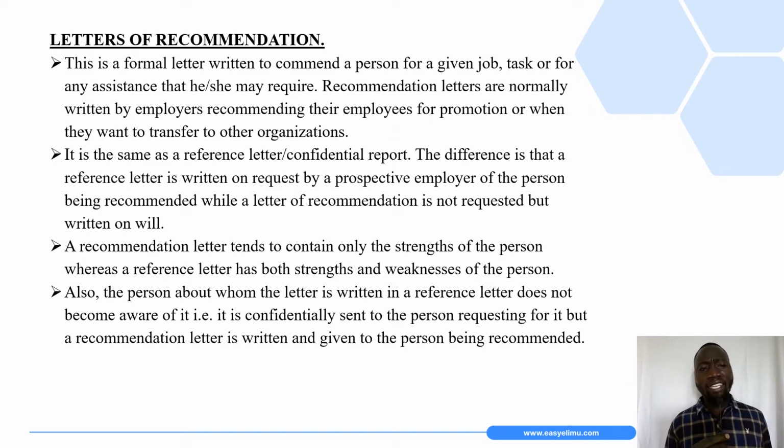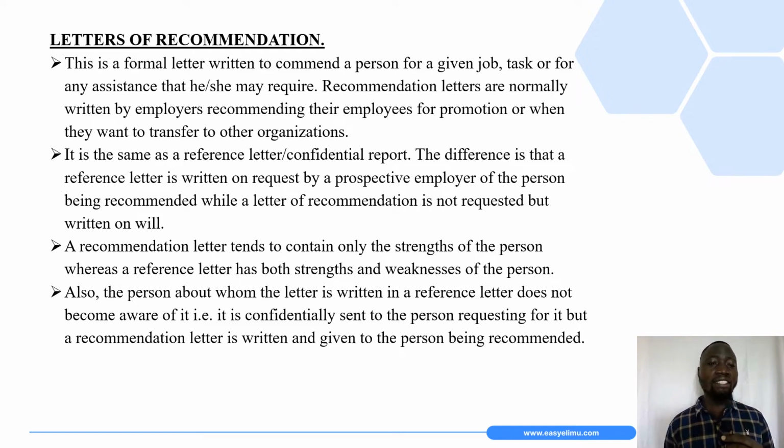Just like I said earlier on, dear students, letters of recommendation are the same as reference letters or confidential reports, and the difference between the two is that one is written on request by a prospective employer of the person being recommended, while a letter of recommendation is written at will.